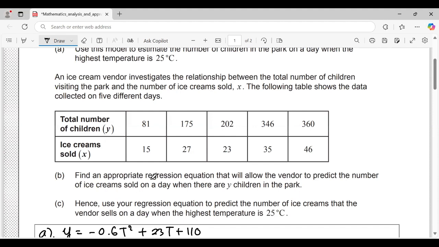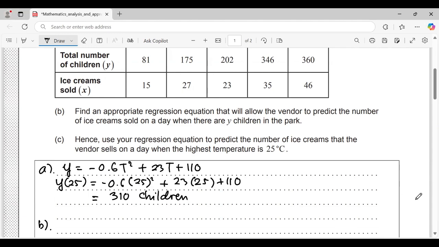Find an appropriate regression equation that will allow the vendor to predict the number of ice creams sold on a day when there are y children in the park. Y children in the park, it means 310. Just now we calculated this already.